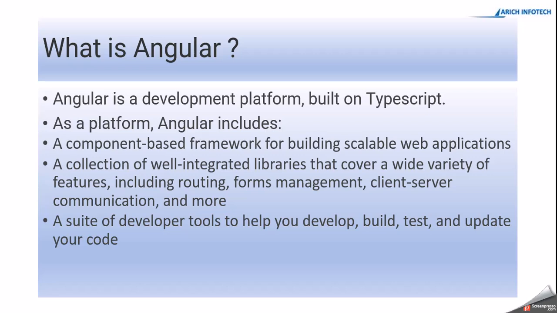So we will perform all view-related operations through Angular. Actually, at the time of development of a project, we will connect Angular and microservices together. Microservices we will use in the back end, and Angular we will use in the front end.